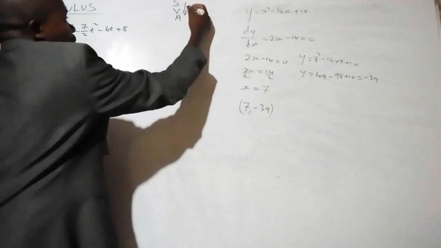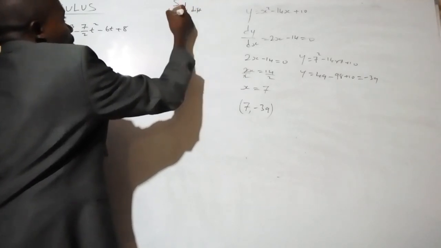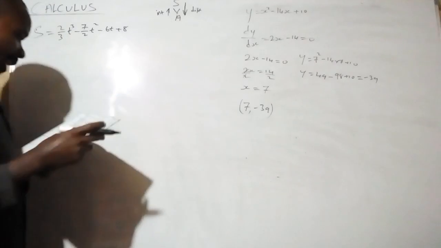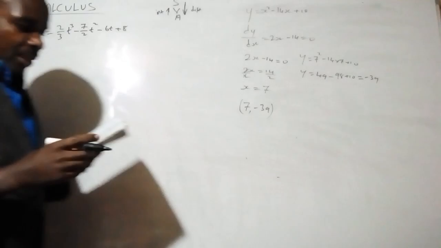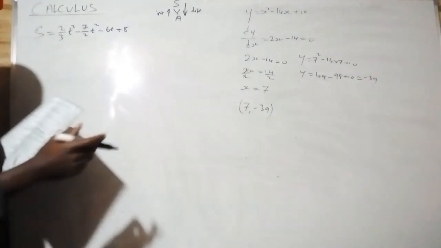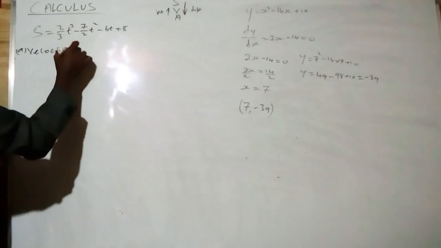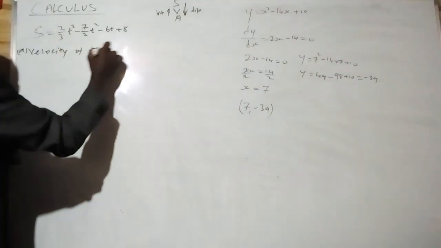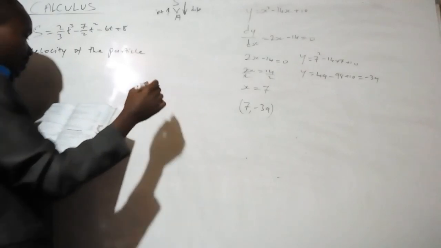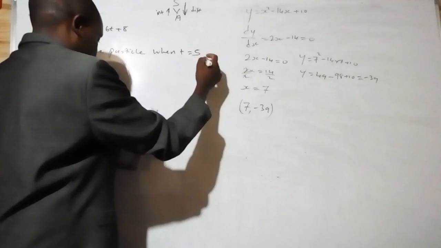Downwards it's differentiation, upwards it's integration. Now we've been told it's a question that was done in 2020. Determine the velocity of the particle when t is equal to 5. 3 marks.